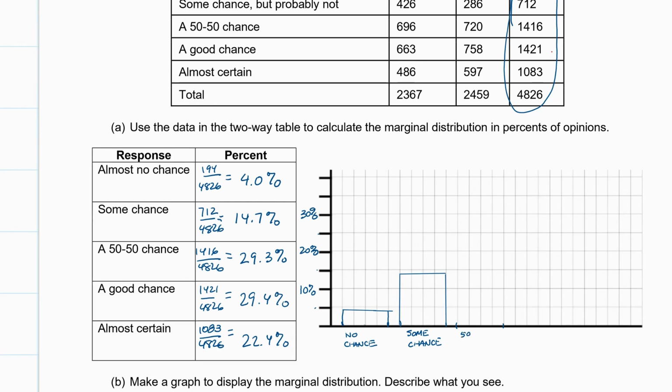This is the 50-50 chance. And this is the one that's about 29%. So about there. The next one is the good chance. And it's also about 29%.